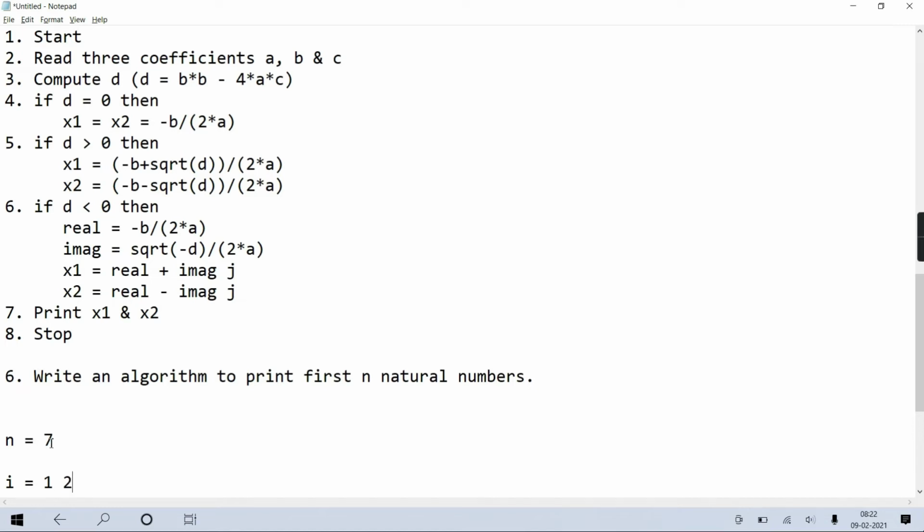Again check: is 2 greater than 7? No. So print it and make it 3. This way it will go on. Some stage will arise where I is 7. Is 7 greater than 7? No. Print it and make it 8. But when you check 8, is 8 greater than 7?